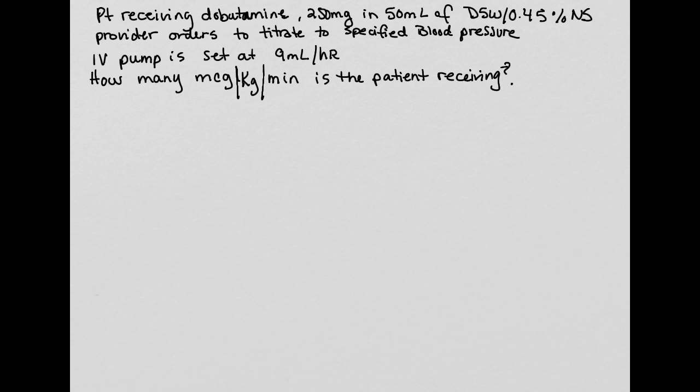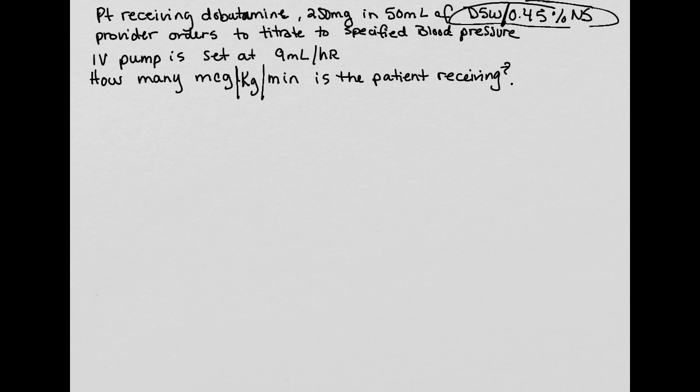desired blood pressure. And just so you know, D5W / 0.5 normal saline, that is actually one bag of fluid with dextrose and water and some salt in a normal saline bag, if you're not aware of that. So it's one bag, it's not two separate things. And the patient's receiving 250 milligrams of dobutamine and 50 mLs of this D5W.